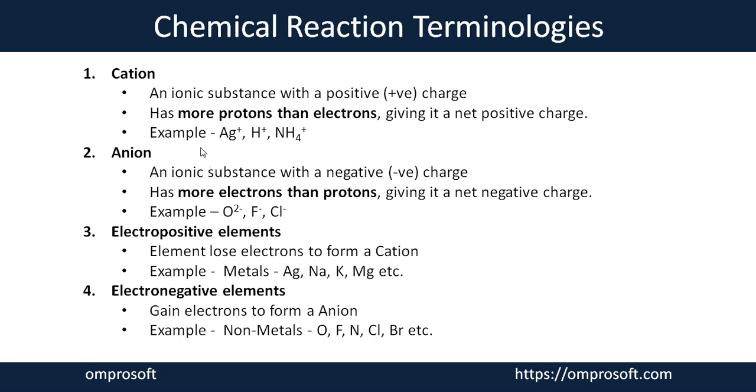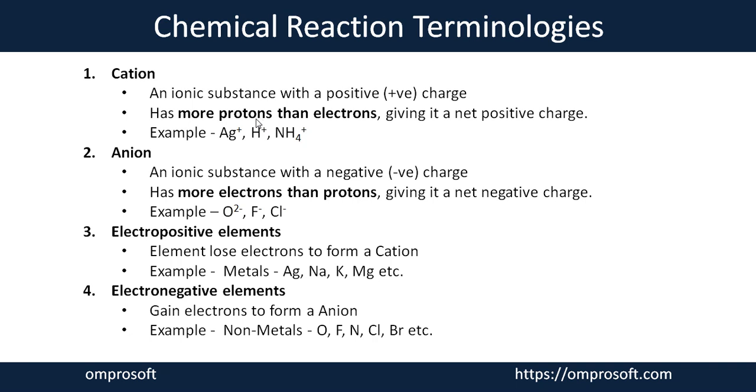When any ionic substance, ionic means they have charge. Whenever any substance takes part in a reaction, it is allowed to lose electrons or gain electrons. If a substance loses electrons, automatically the number of electrons present in its atomic structure gets less as compared to the number of protons.